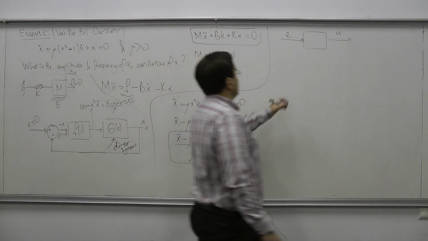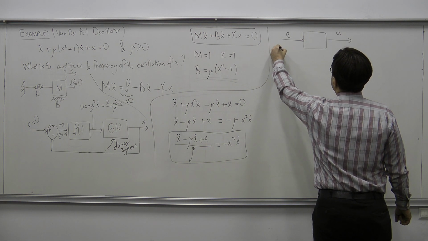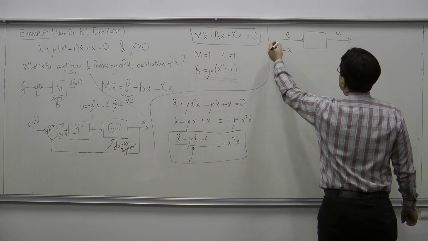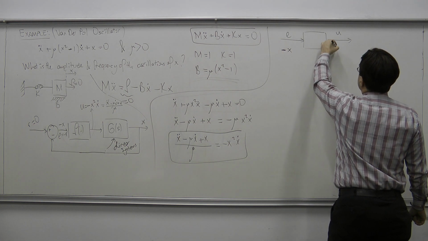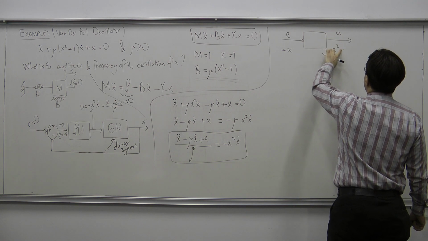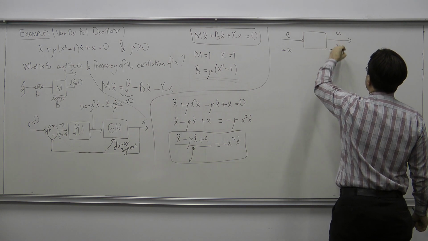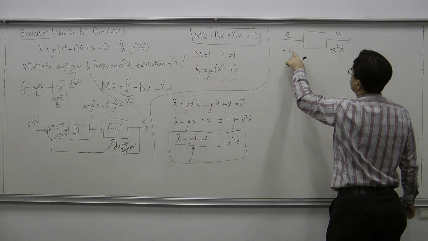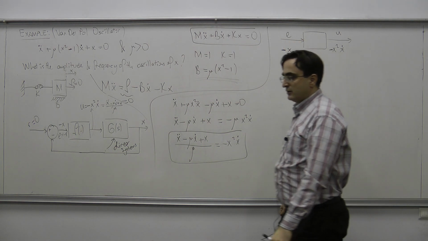So here what I want is, I want to find a nonlinearity which gives me x square minus x square x dot when I give to it the input minus x. Okay?